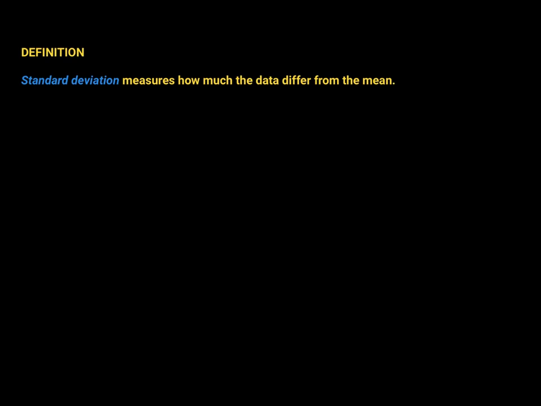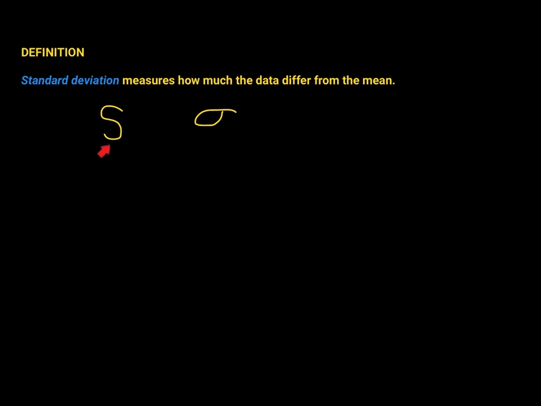Let's talk about standard deviation. Standard deviation measures how much the data differ from the mean. Now, when we write standard deviation, either we use the letter S or the Greek lowercase letter sigma, which is like that. I probably did a poor job, but this is kind of like the lowercase Greek letter sigma.